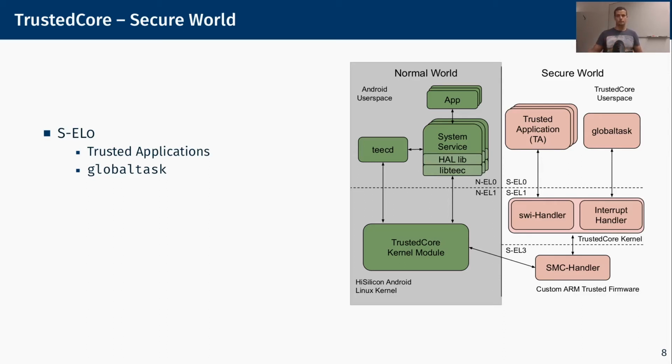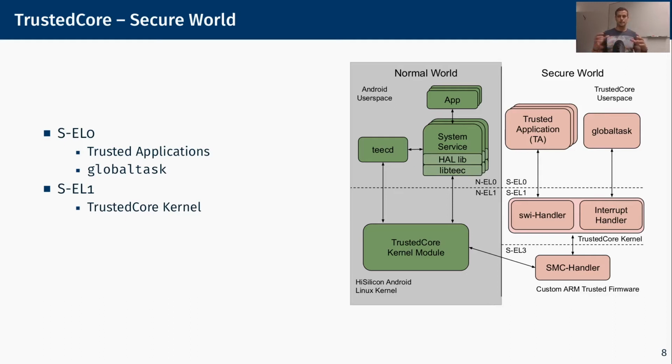And also we have a global task, which basically acts like an init process on Linux, for example, because it's capable of during runtime loading trusted applications and basically spawning a process space in the secure world. Then the TrustedCore kernel in secure world exception level 1 that exposes a system call interface to everything that is running in the user mode.